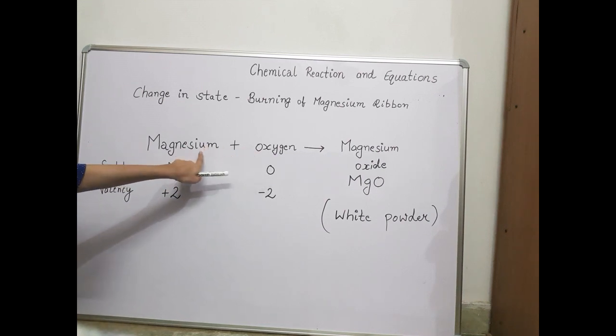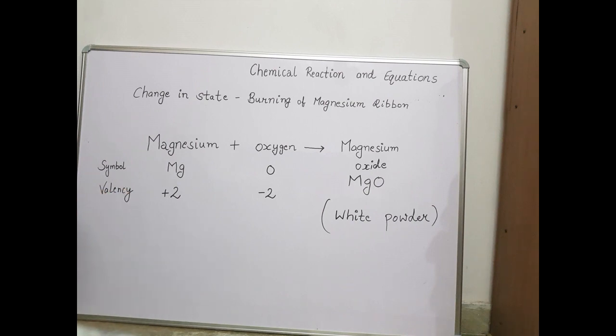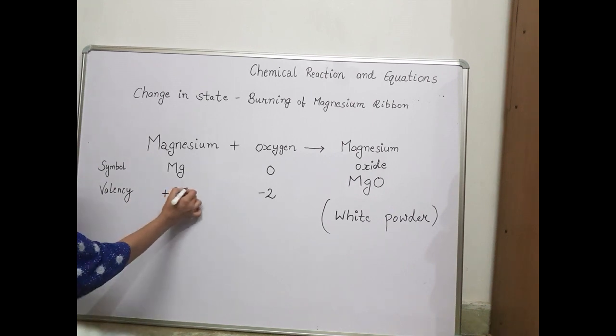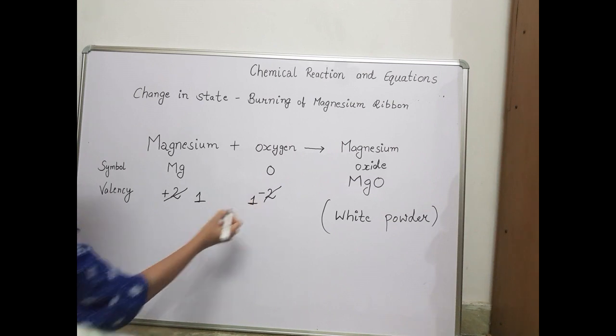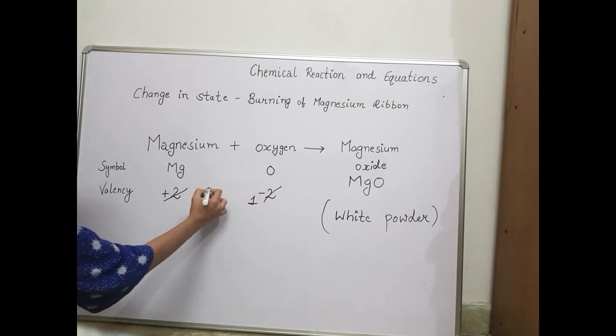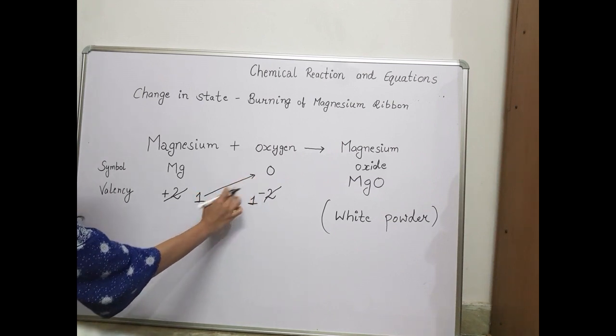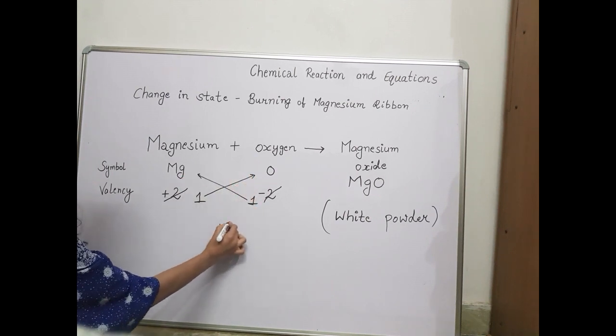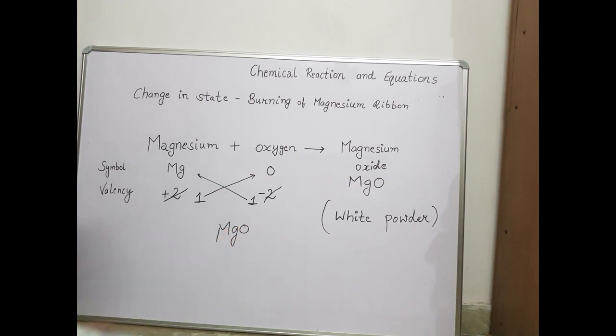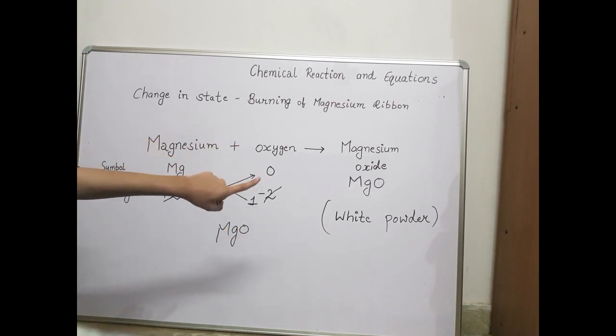Whenever two elements combine, their valencies are exchanged. But before that we should keep in mind that we have to convert it into simplest whole number ratio. Now one oxygen will be 1 and magnesium will be 1. So it will be MgO, which is already written here, magnesium oxide.